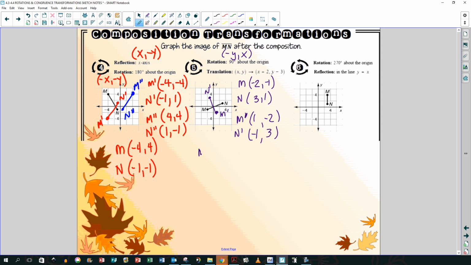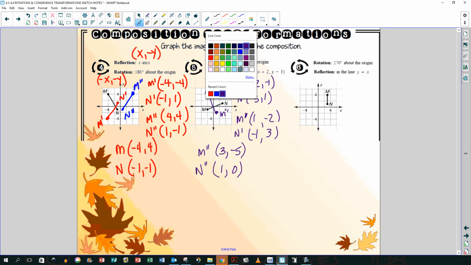Now M double prime and N double prime is our ending result. So they want me to add 2 to the x's. So 1 plus 2 is 3. -1 plus 2 is 1. And then they want me to subtract 3 from the y's. -2 minus 3. 3 minus 3. And now here's my ending results.